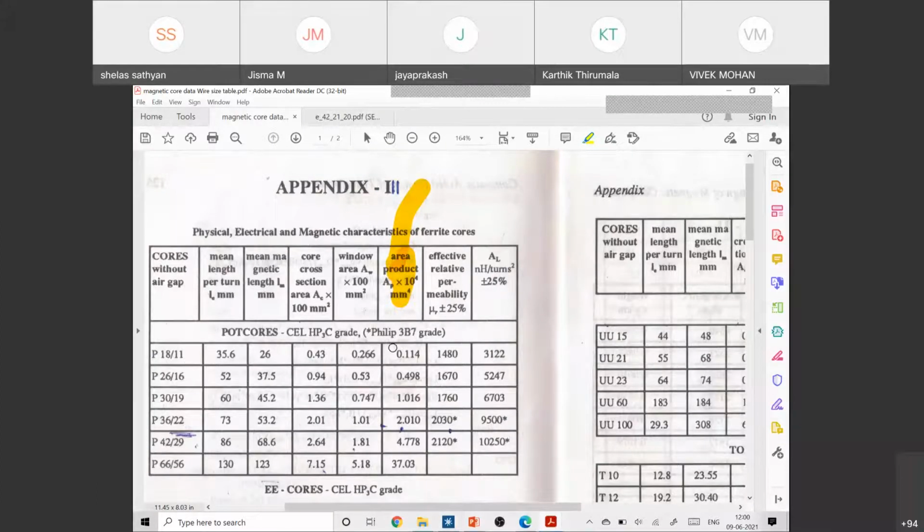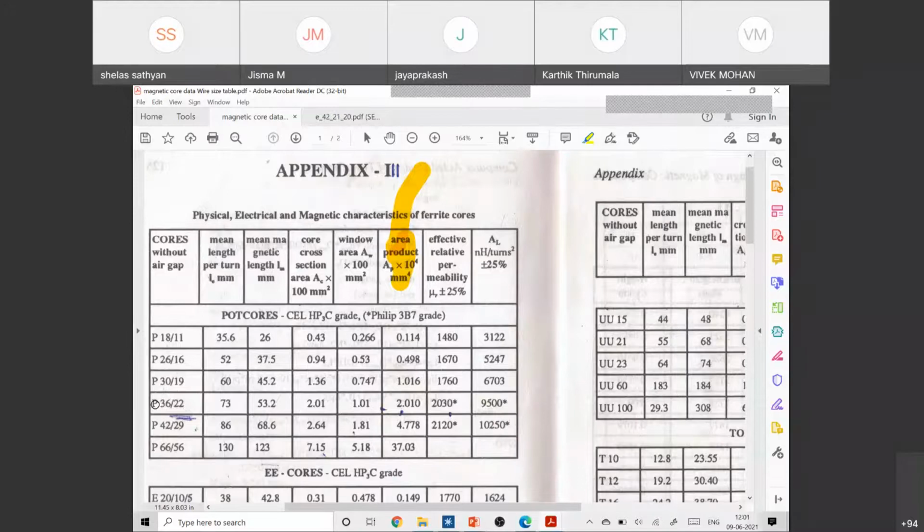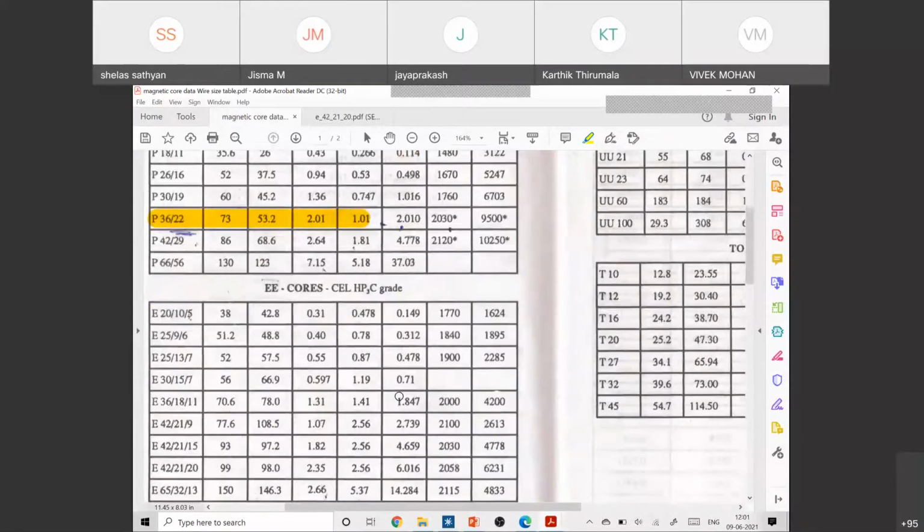So you could use any core. Since our area product is 12,797 mm raised to 4, you should choose a core larger than this. Either you can choose a core P36/22, which has an area product of 20,000 mm raised to 4. That is quite large, right? Or you can find any other core.